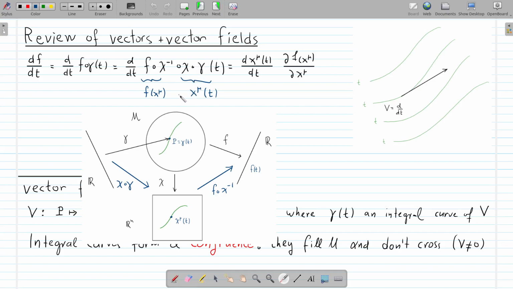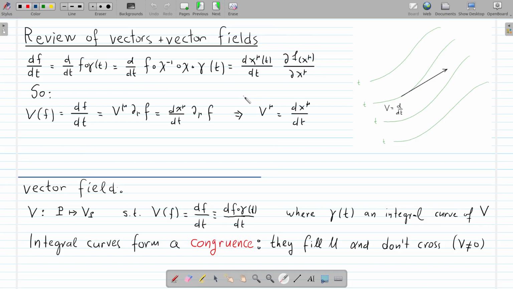The first one being the one mapping the parameter t of the curve to the coordinates of the point P, and then this function taking us from the coordinates of the point P to the value of the function at the point P. So, by using the chain rule for derivatives, we obtain this relation here.